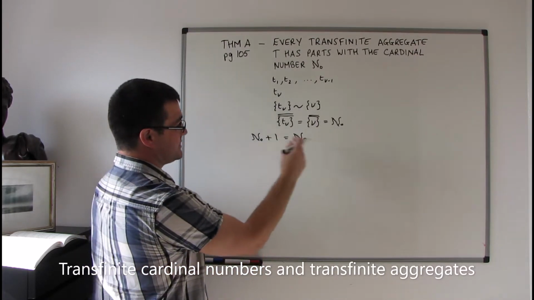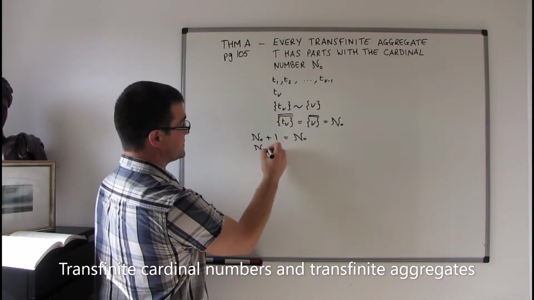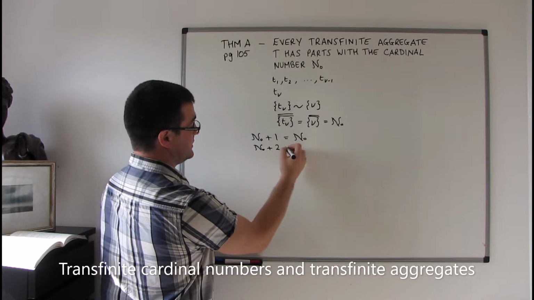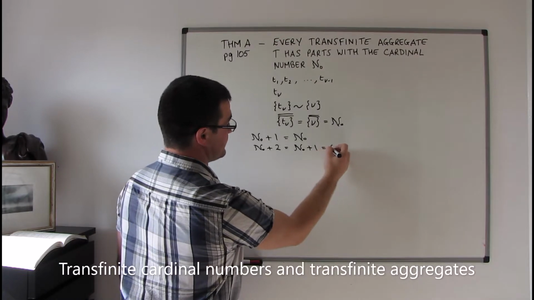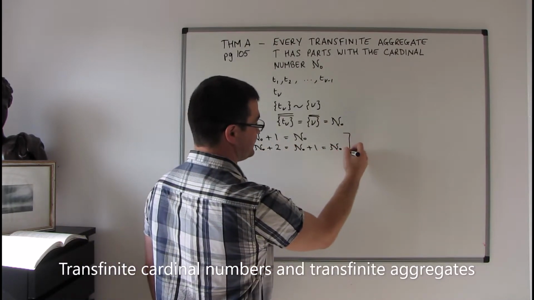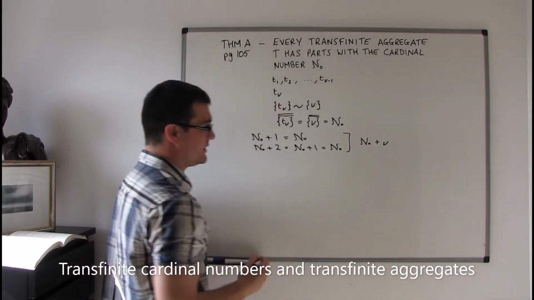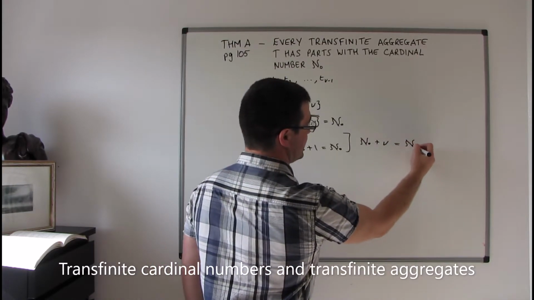Well, I can add 1 again to each side of this, so I get Aleph naught plus 2 equals Aleph naught plus 1, which is equal to Aleph naught. And continuing this process, I get that Aleph naught plus nu, for any finite nu, is going to be equal to Aleph naught.